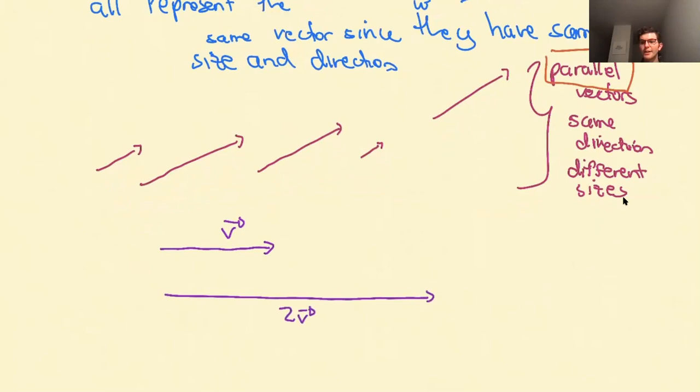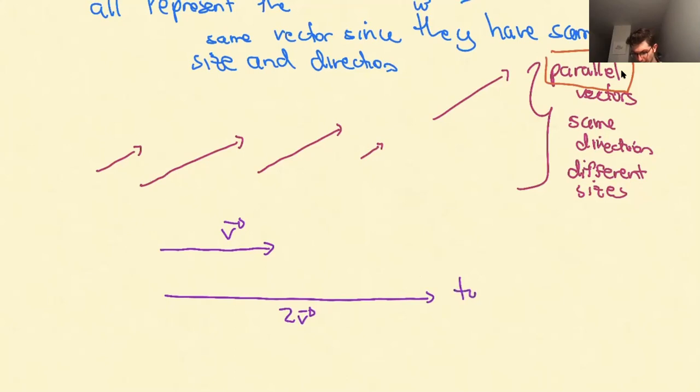If I write 2 times v, I mean the same direction: it's a new vector that has the same direction, but it's twice as big.